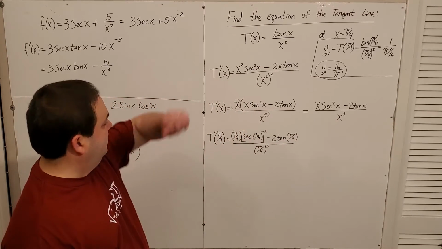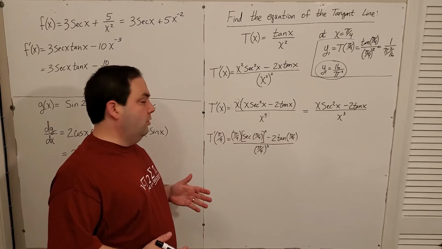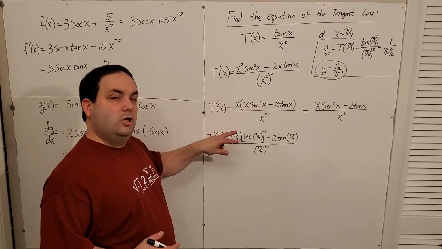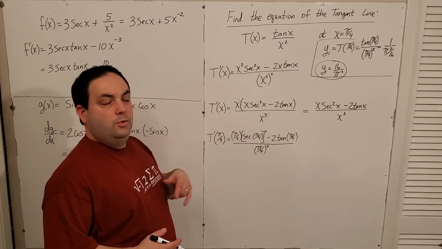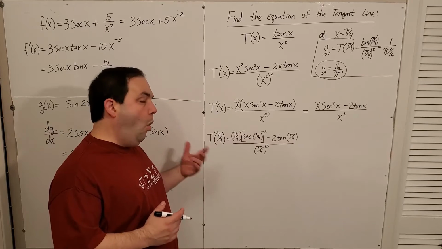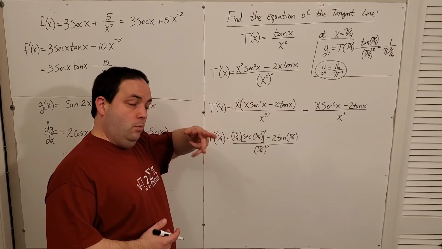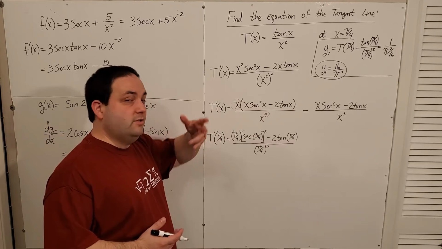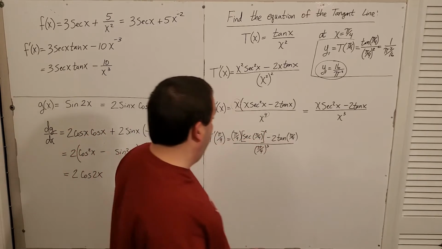All right, let's see. Secant of pi over 4, right? Well, that's just 1 over the cosine of 45. Cosine of 45 is square root of 2 over 2, or 1 over square root of 2. So secant would be flipping that, which would be just square root of 2. But it's being squared, right?